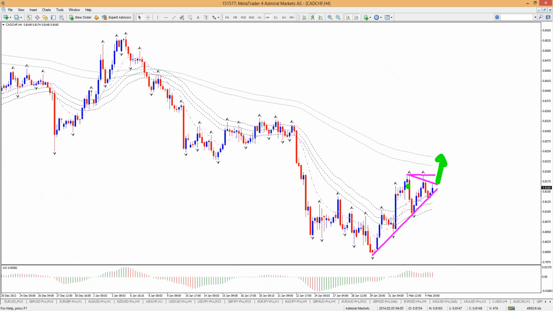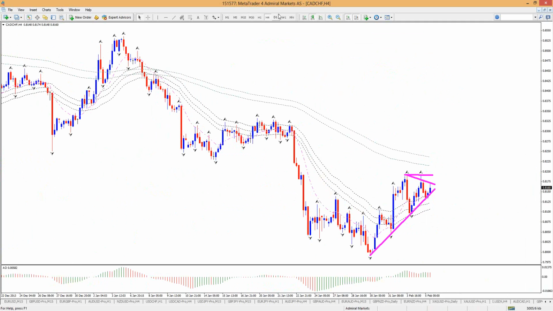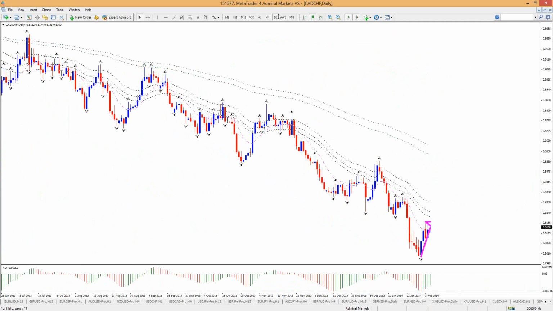And the break to the downside, although counter trend on the lower time frames, would actually have the potential to be with the trend on the 4 hour chart. And this is how you can see how the trend depends on your time frame. Right? The day chart looks or is in a downtrend. Price is clearly below the moving averages. There's no doubt about that.